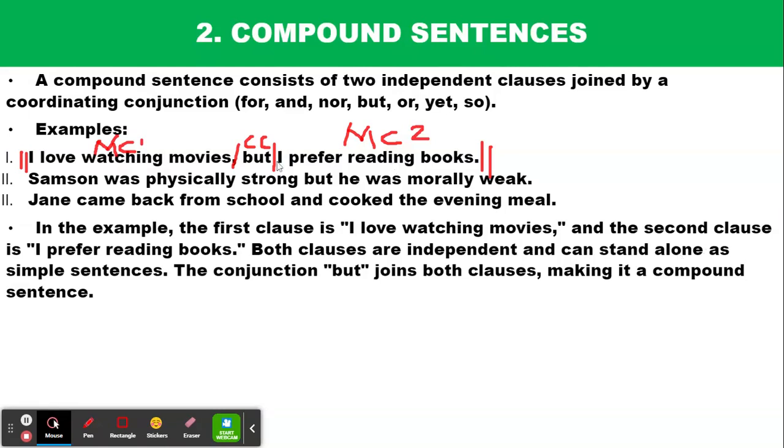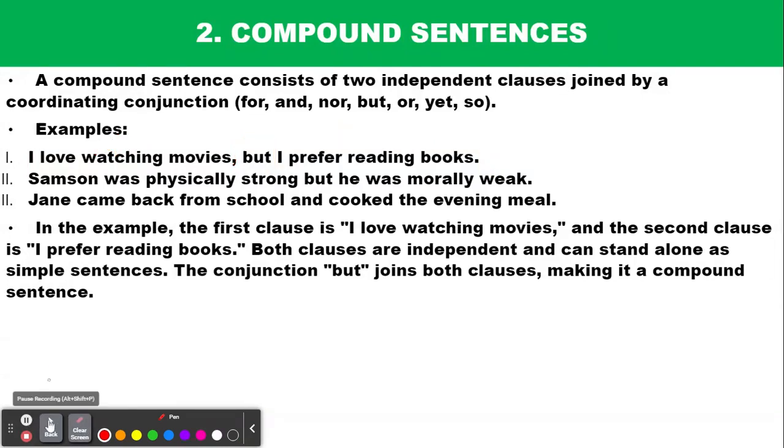And the second clause is I prefer reading books. We call this MC2. Both clauses are independent, that is, they are main clauses, and can stand alone as simple sentences. The conjunction but joins both clauses, making it a compound sentence. So I hope you understand now what is meant by a compound sentence.